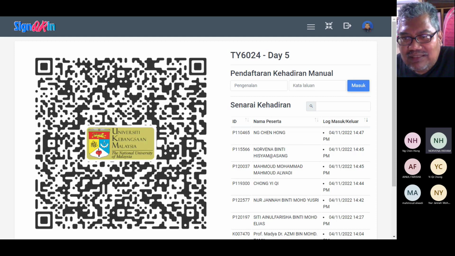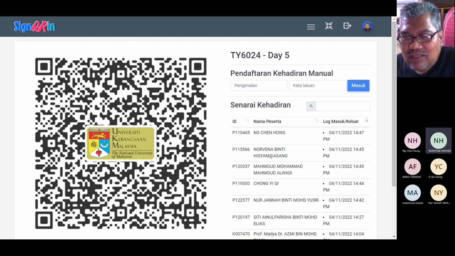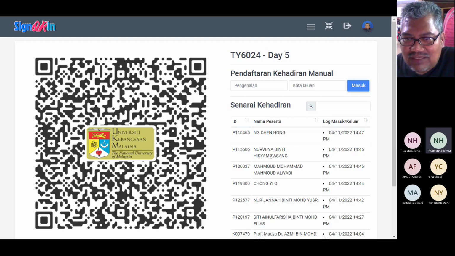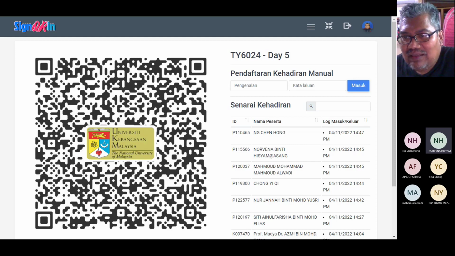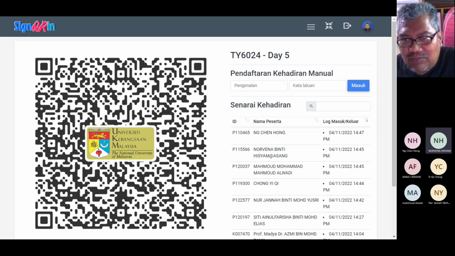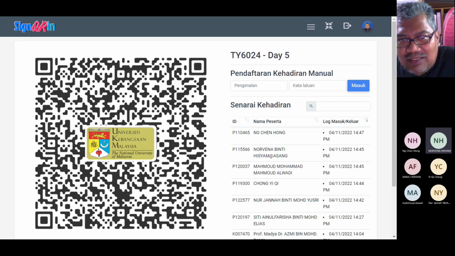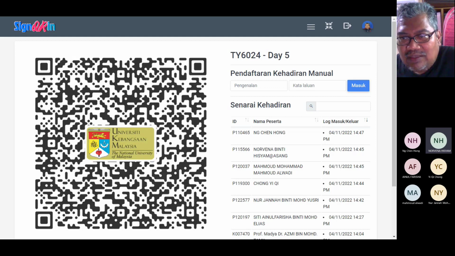And we had Chua Soi Lek as the Minister of Health. He was giving a speech on maternal mortality. He noticed that the data given by the Department of Statistics does not tally with the data that he has from the maternal mortality and morbidity. The MMR, maternal mortality rate, reported by the Jabatan Statistik Negara is too low.